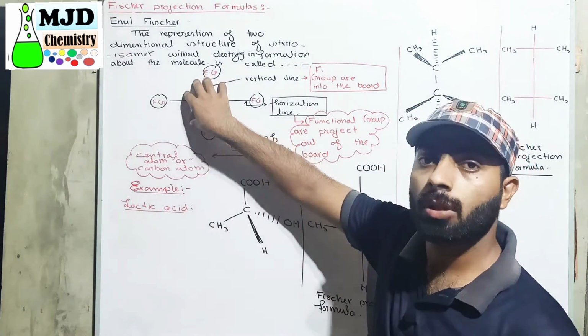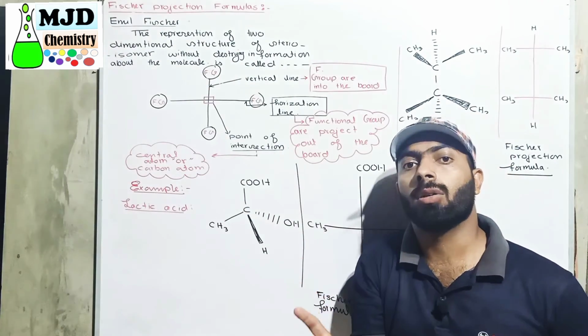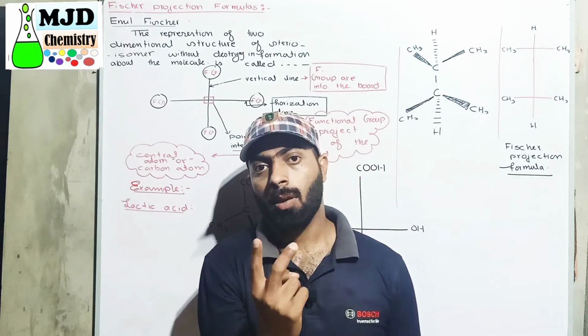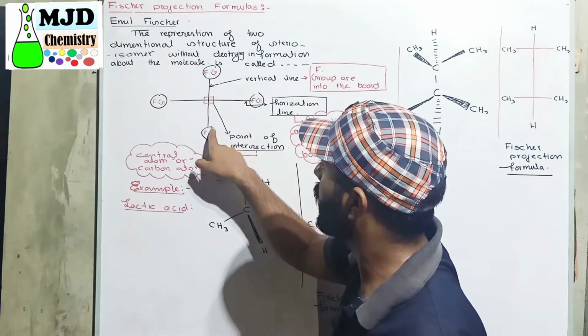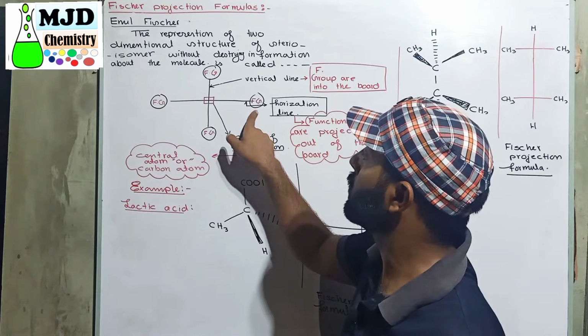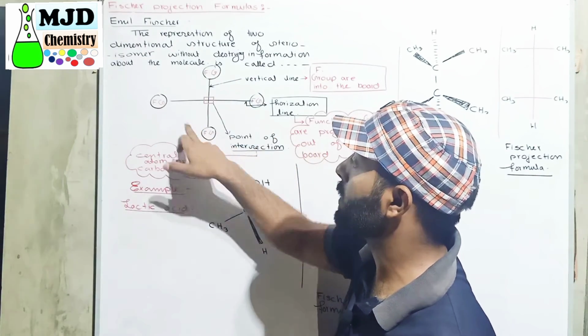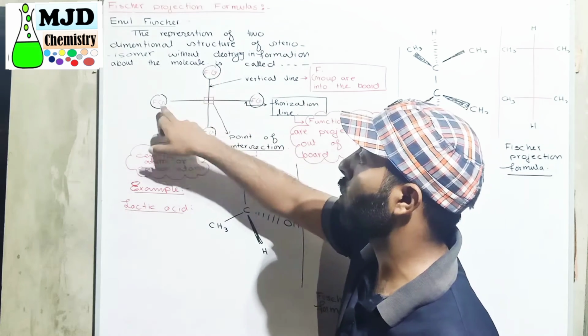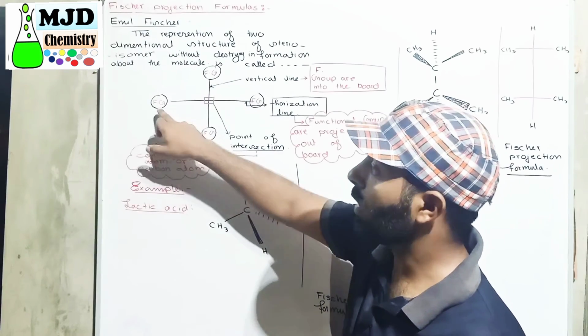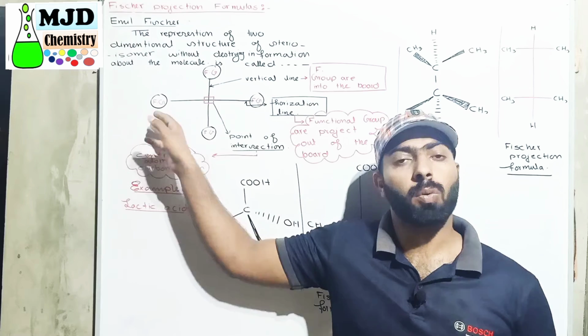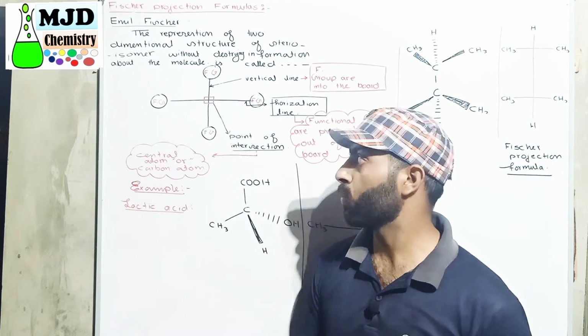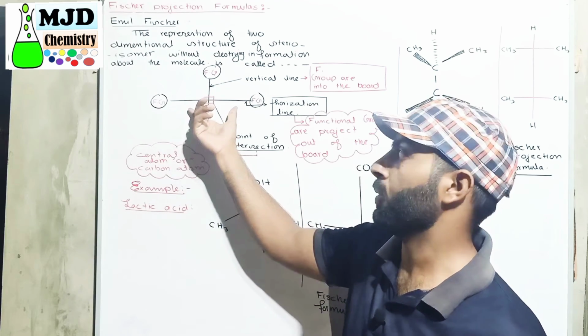To draw a Fischer projection formula, first of all, we draw two lines. One is a vertical line and another is a horizontal line. And four functional groups are attached at the ends of these lines. There are many functional groups which are used in organic chemistry.